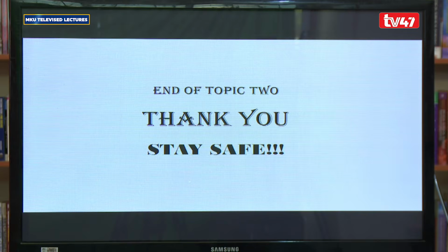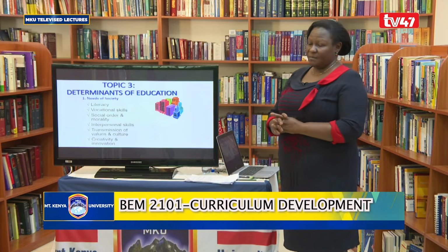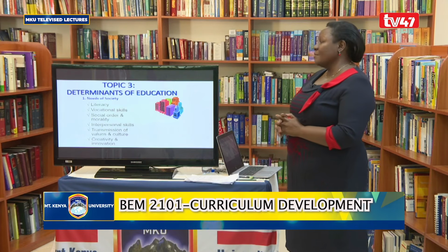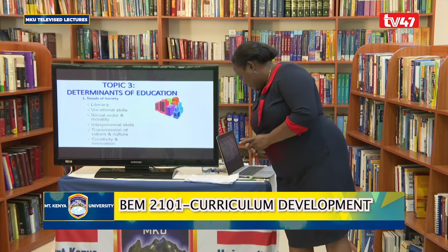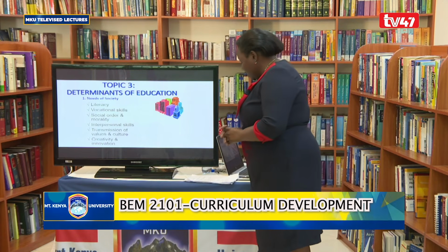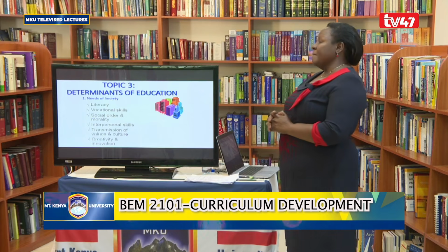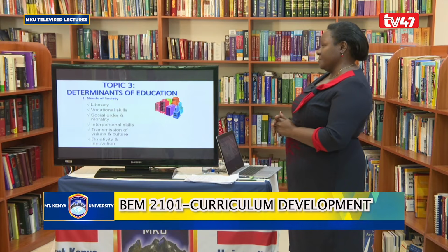So that brings us to the end of topic 2. We mentioned the determinants of education. The aims, the goals, and the objectives of education are determined by the goals of education as provided for by every nation.